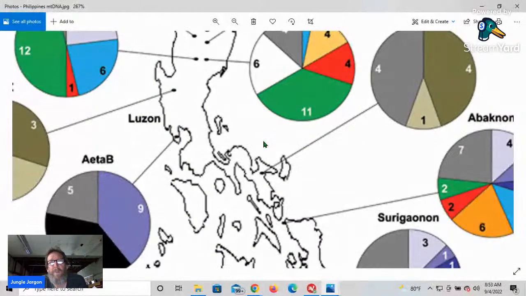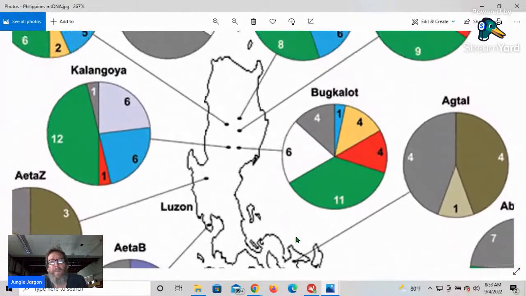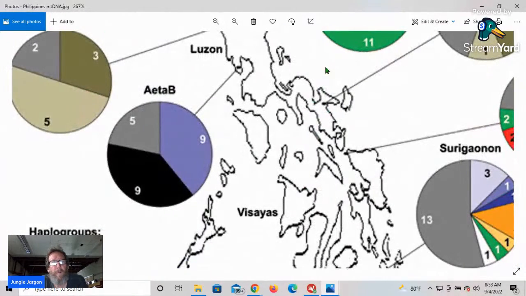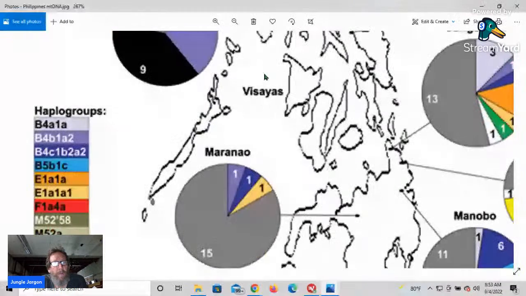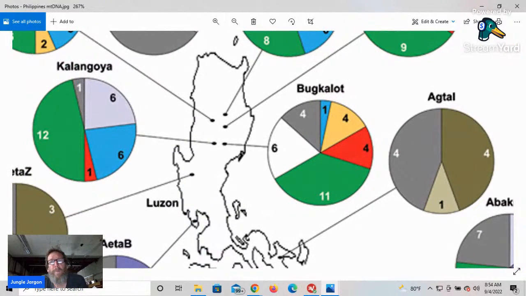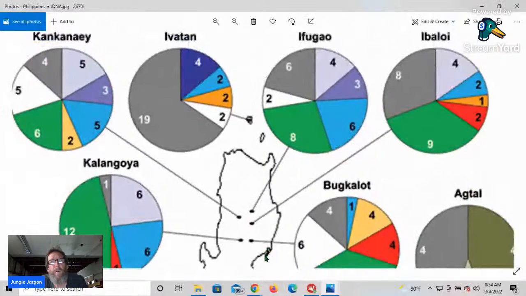So all of the gray and blue shades and the red are Middle East.